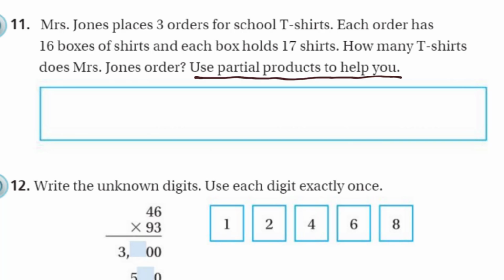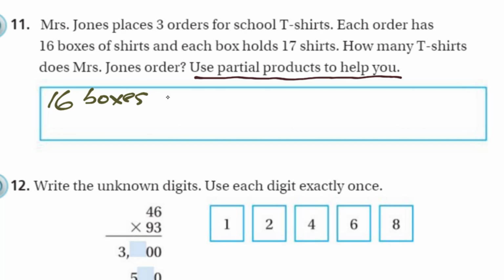3 orders for school t-shirts, right? Each order has 16 boxes of shirts, and each box holds 17 shirts. Wow, this is going to be like a mega problem. Okay, so if you have 16 boxes and 17 shirts, I'm going to write this equation out first to help me understand.